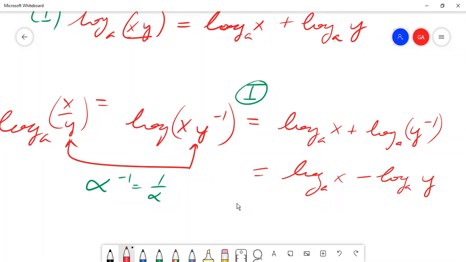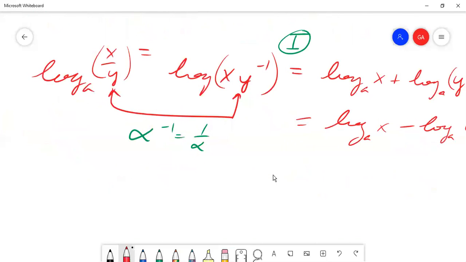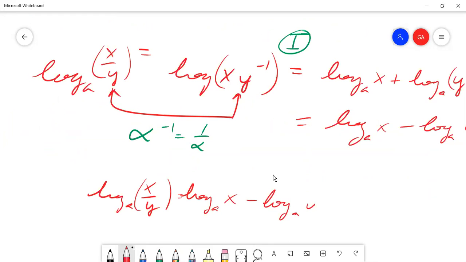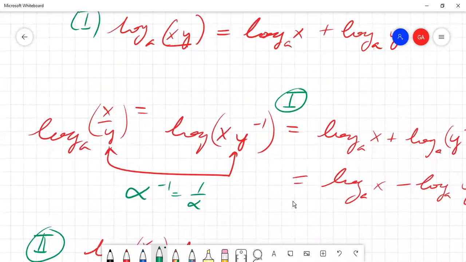So here it's more specific because you have a numerator and denominator, so it's the log of the numerator minus the log of the denominator. Generally, I'll summarize property 2: log base a of x divided by y is log base a of x minus log base a of y. And you see that this is the exact same as property 1. It just differs by a minus sign, right?